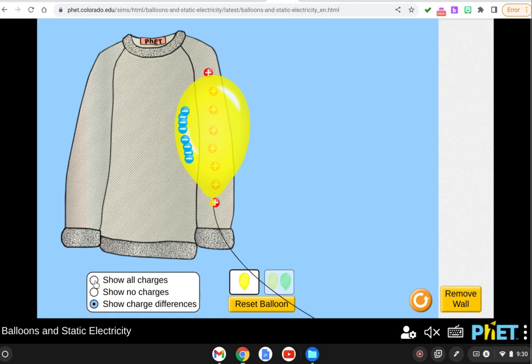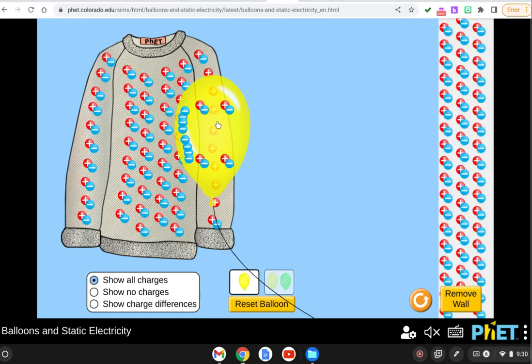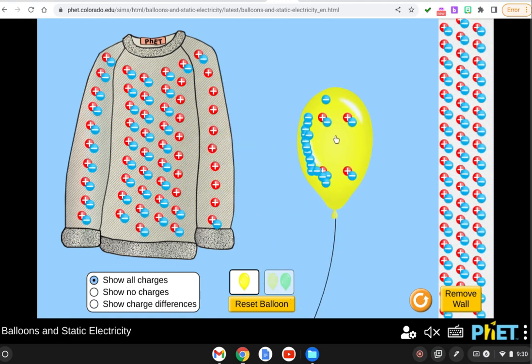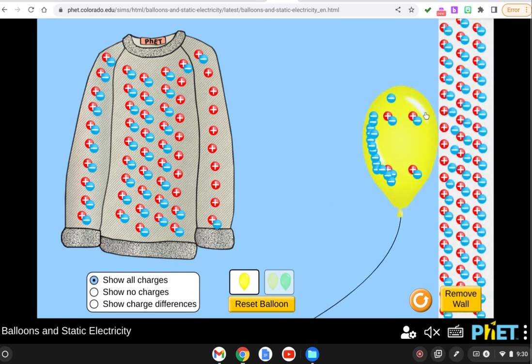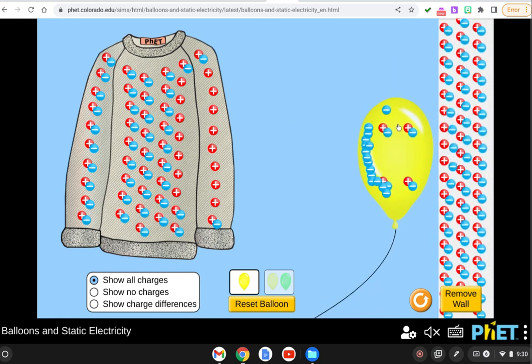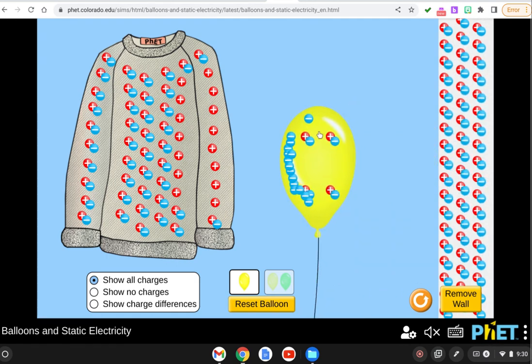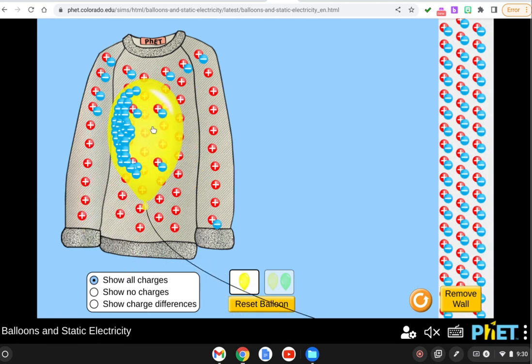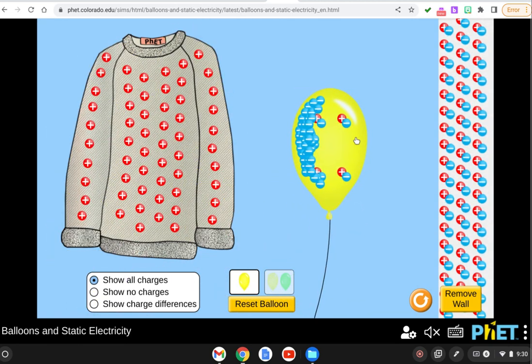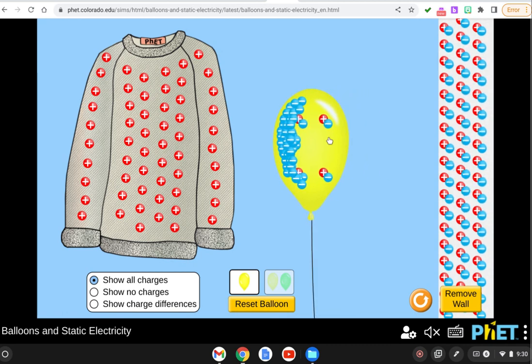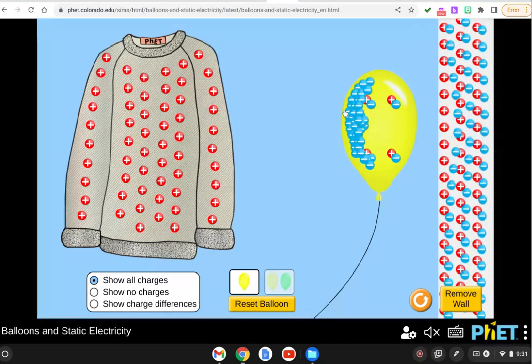So you will see that I will show now. If I will bring it here near the wall, see, it repel the electrons. See, electrons are moving away. Now see, if I will rub more, this whole wool become positive. And now see, its force is more now. See, it will jump faster.